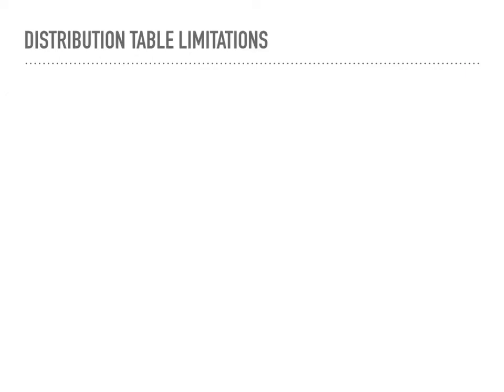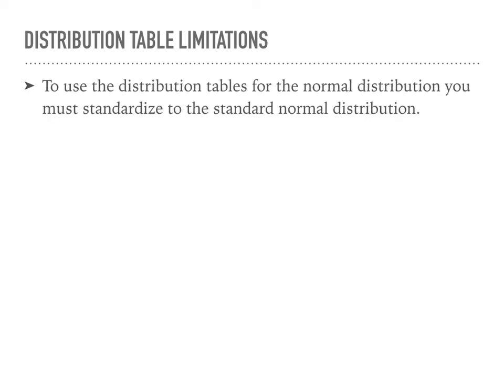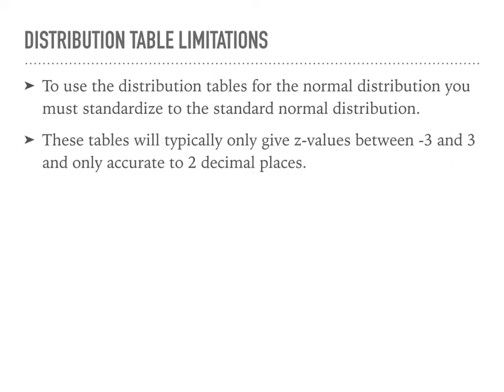Now, what limitations does the table have? To use the distribution tables for the normal distribution, you have to standardize to the standard normal distribution. These tables will typically only give z values between negative 3 and 3, and are often only accurate to 2 decimal places.